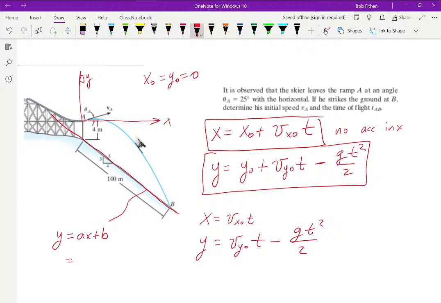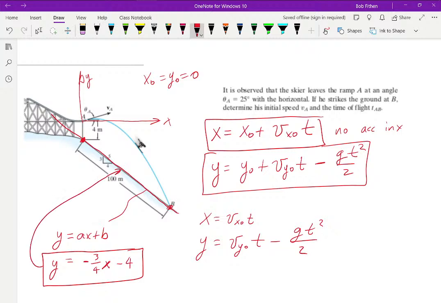In this particular case, rise over run is minus 3/4 x, and the intercept happens right there, minus 4. So if you put in x equals 0, you'll get your minus 4. If you put in another location down there, you'll get the equation of this line.